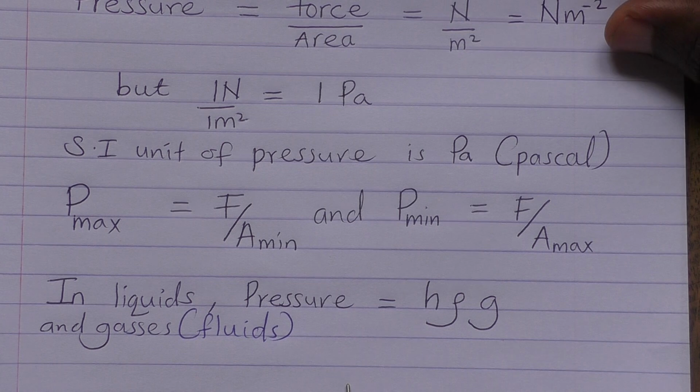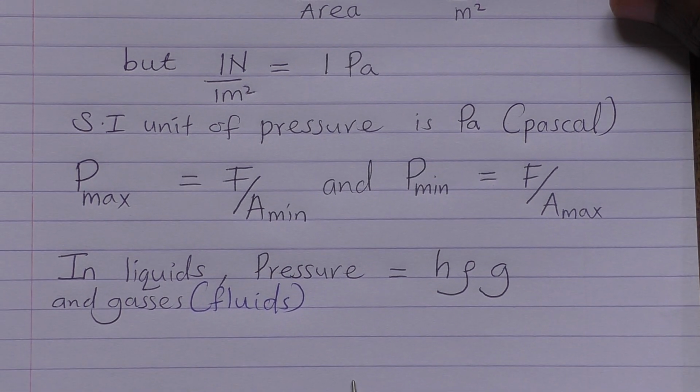And then we also have the maximum and the minimum pressure. How do we calculate maximum pressure and how do we calculate minimum pressure? Besides that, you must also be knowing their respective applications.